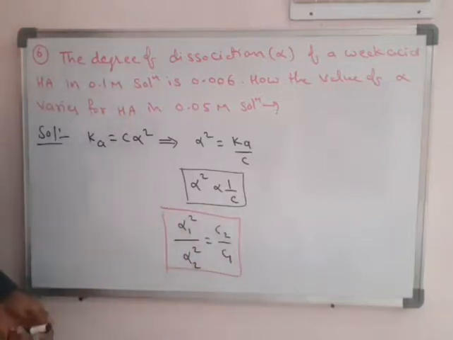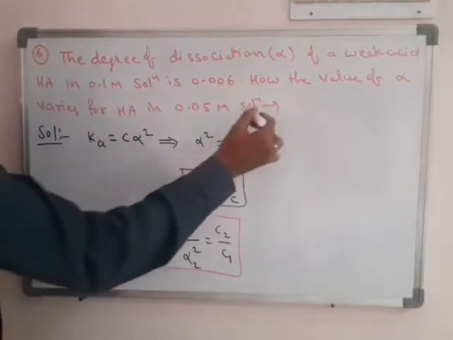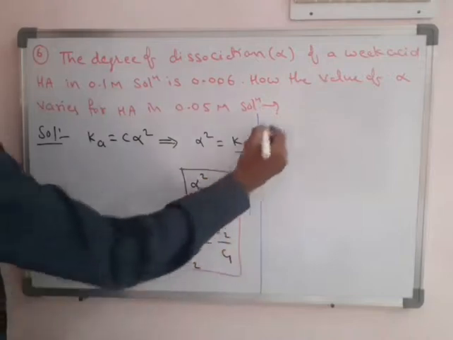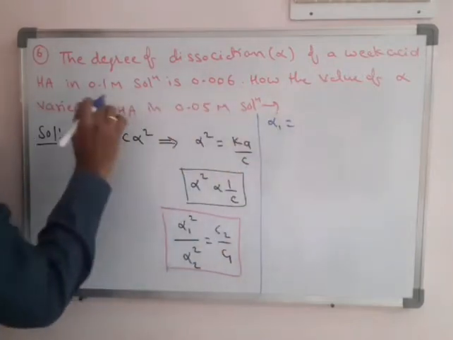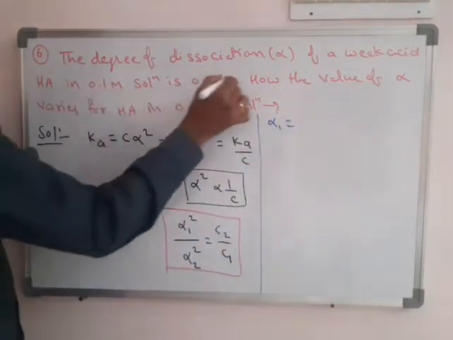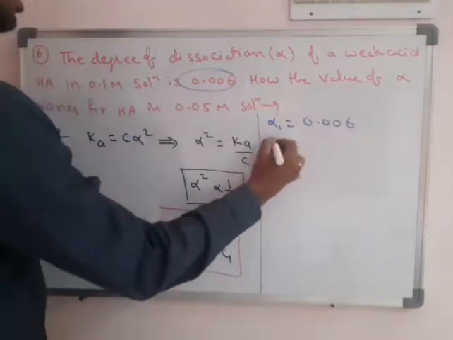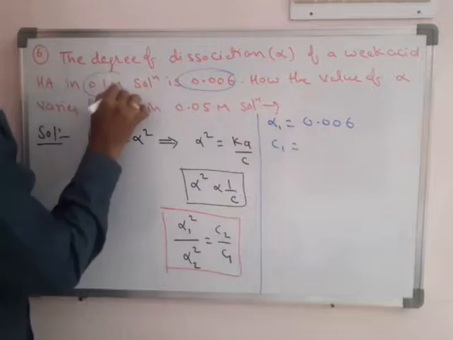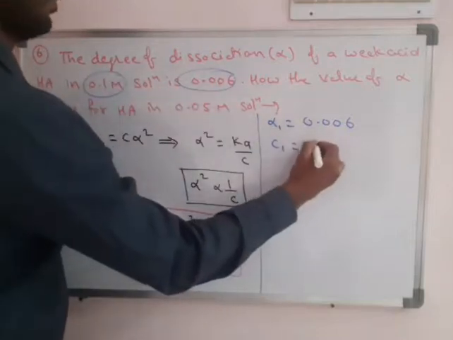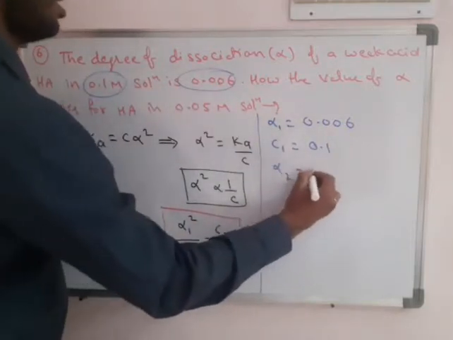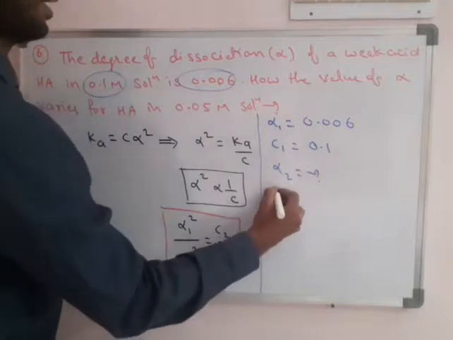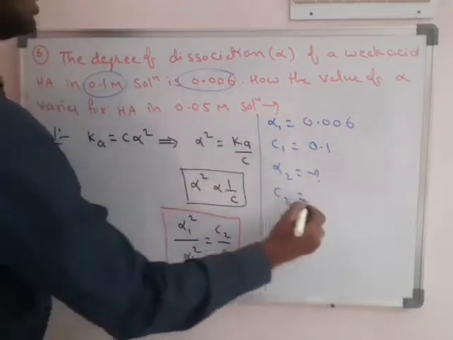Now see the problem. What is alpha 1? Alpha 1 given is 0.006. What is the first concentration? That is taken as 0.1. I have to find the change in the alpha value at C2 concentration.